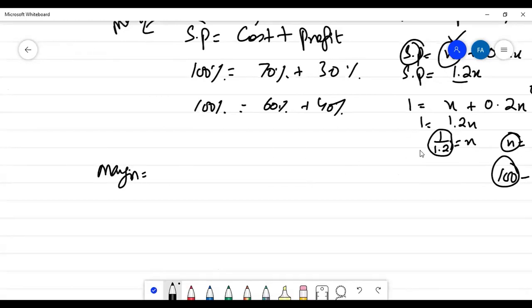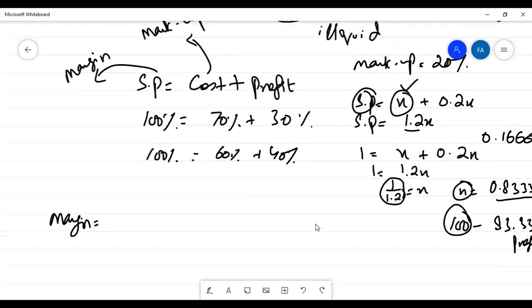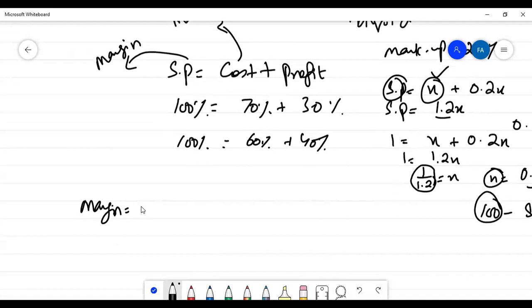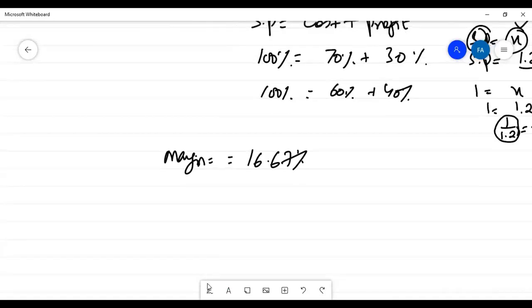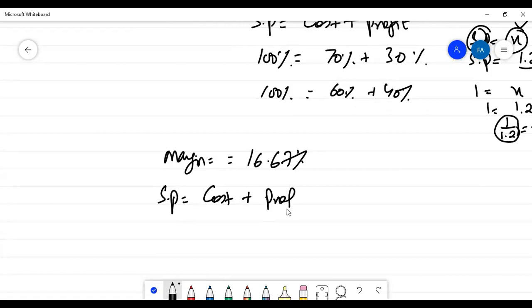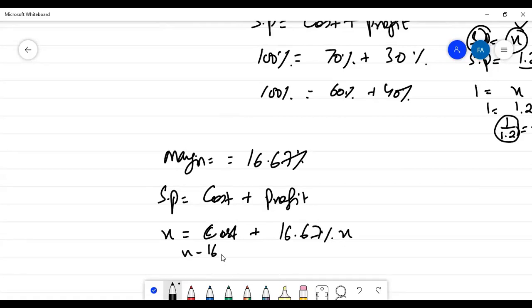We will see if we got the right answer. Our margin was 16.67%. Let's verify that. Your selling price is cost plus profit. Your selling price is X and you have cost plus 16.67% of X. X is 1. X minus 16.67% of X is equal to cost.